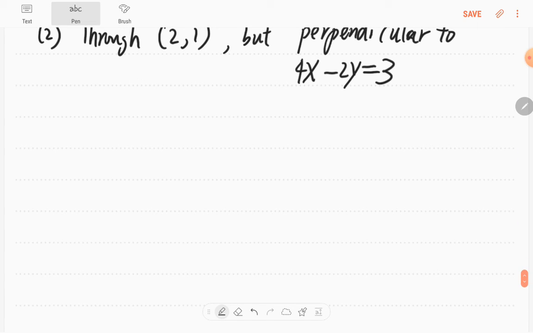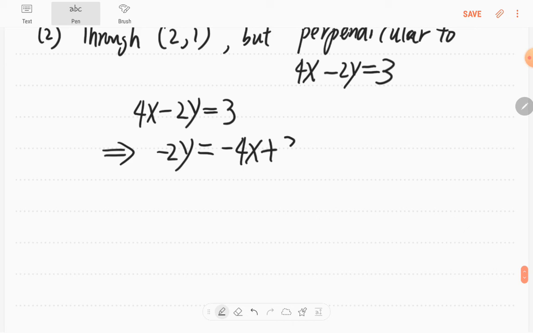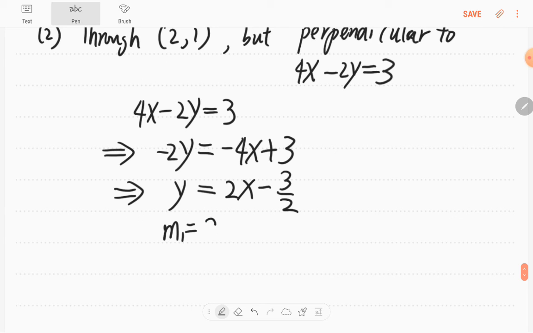We know that 4x minus 2y equals 3 gives negative 2y equals negative 4x plus 3, and y equals 2x minus 3 over 2, right? So our m1 equals 2.